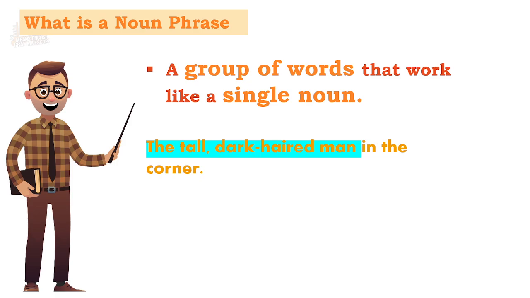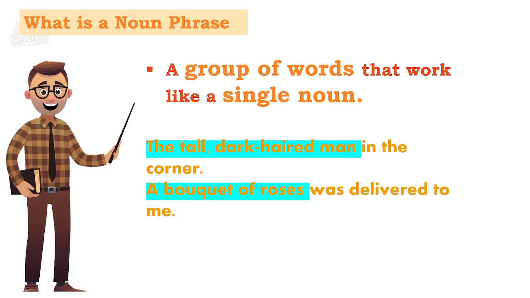Let us see this example: The tall, dark haired man in the corner. In this sentence, the part which is highlighted in blue is a noun phrase. Let us see another example: A bouquet of roses was delivered to me. In this sentence as well, the part highlighted in blue is a noun phrase.